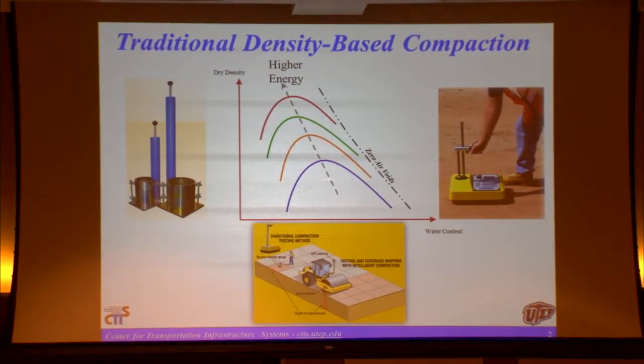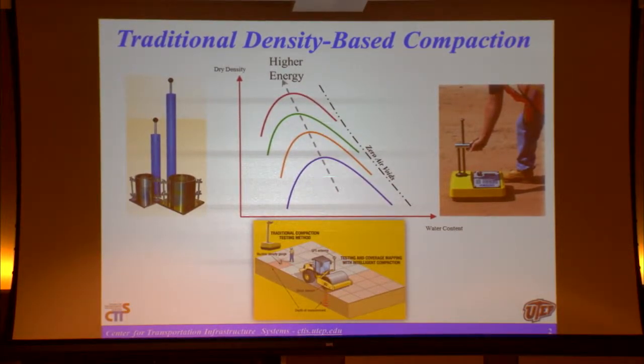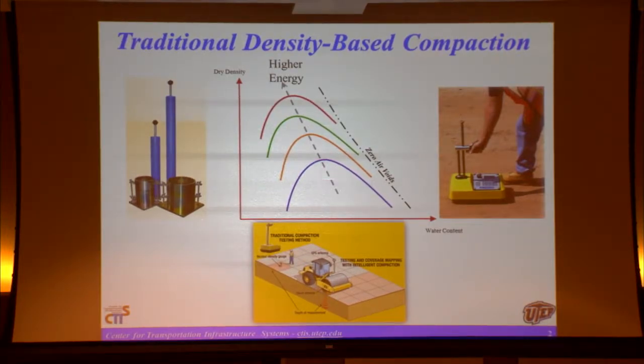And then we go with a nuclear density gauge to verify that we are getting those two numbers, or one of them, at least density in Texas is prevalent. And then I have this picture at the bottom. I call it the lonely man in the field. We usually go every several thousand square feet, and we just do one test, and we accept it, right? Okay, so let's see if we can change some of these things.